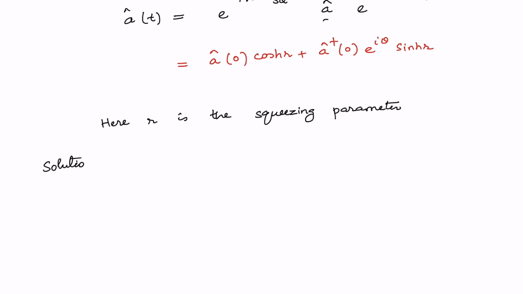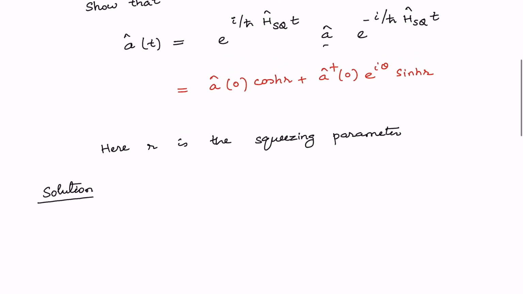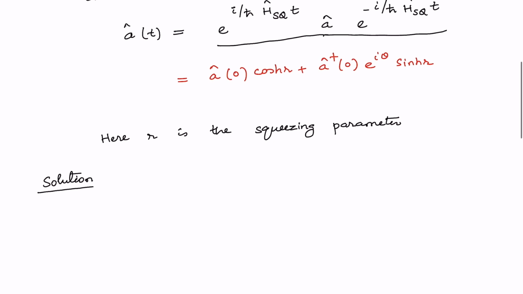However, rather than using the so-called Baker-Hausdorff formula to explicitly do this calculation, I am going to take the approach of the Heisenberg equation of motion, because the time evolution of the annihilation operator is involved.